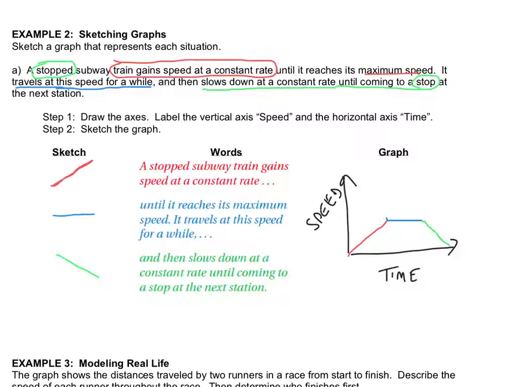Also, to a stop means it goes all the way to 0 for our speed. So it's going to look something like that based on the sentence we just saw. That would be a reasonable graph of the speed of the subway train as it gets faster to that maximum speed, holds that speed for a little bit, and then comes back down to a stopping point.